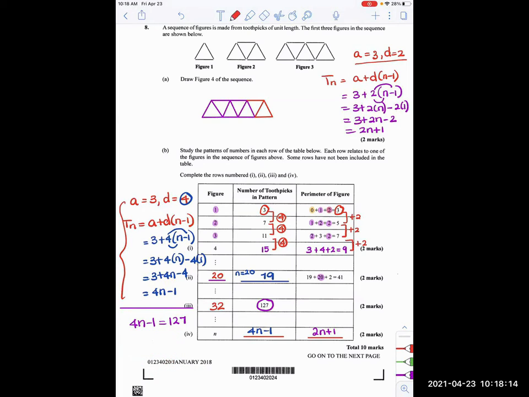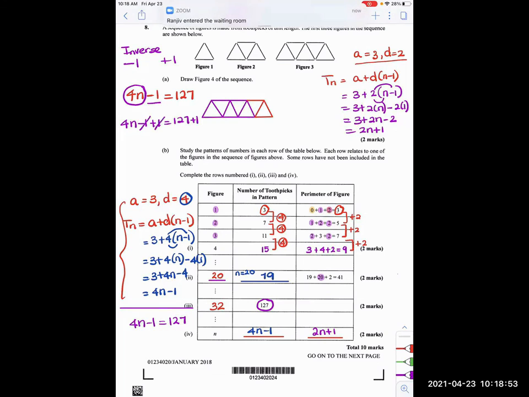All right, so follow with me. 4n minus 1 is 127. So I am going to circle the term in n. I want to get n equal, so every other term I need to eliminate, meaning that I need to remove it. So I have minus 1. The inverse of minus 1 is plus 1. So 4n minus 1 plus 1 is equal to 127 plus 1.